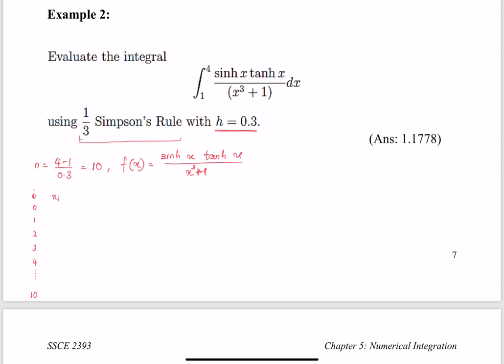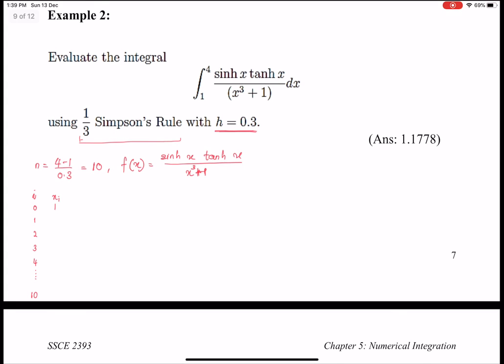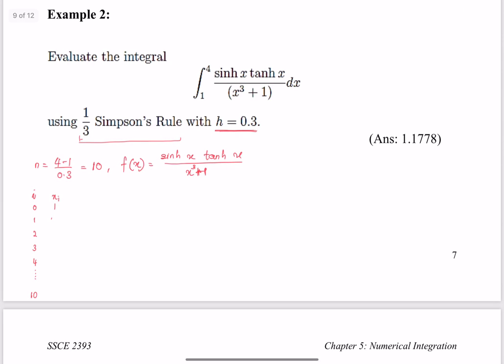Our x starts from 1 with h = 0.3, and therefore x1 is 1.3. We have 1.6, 1.9, 2.2, and then up to 4.